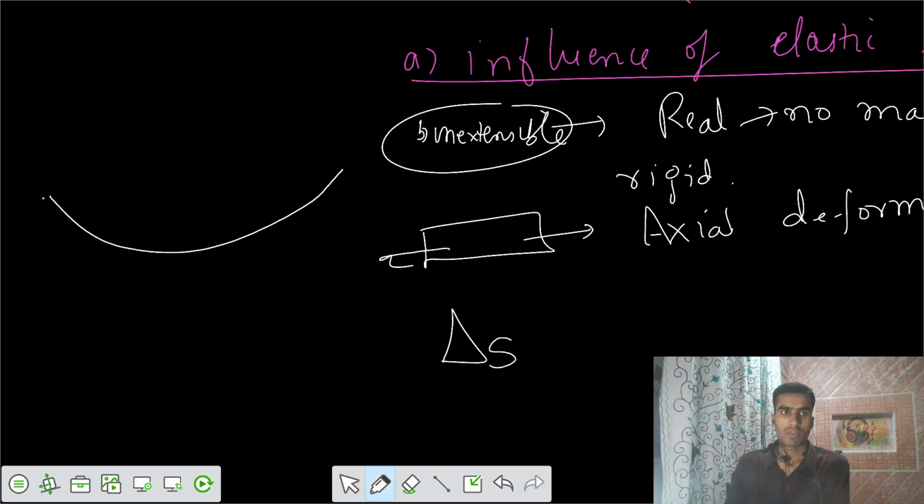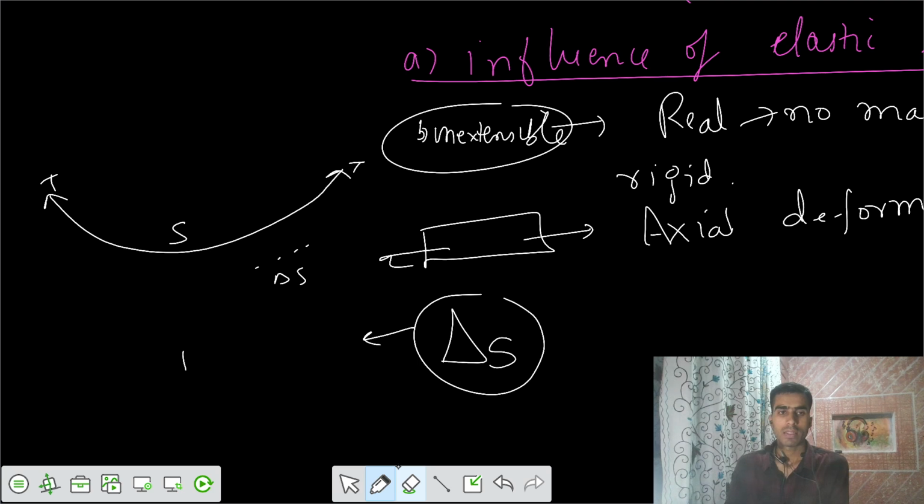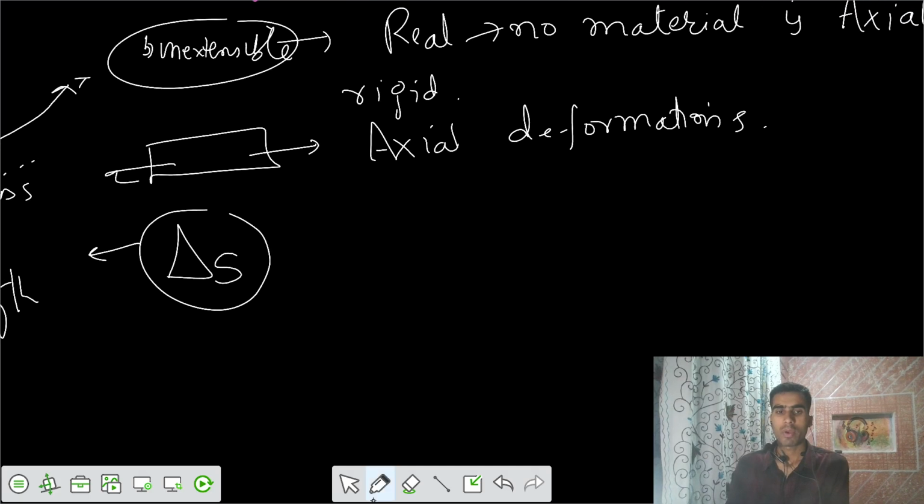Once there is some tensile force, its length initially was S, and there would be some increase in the length by delta S. This is the increase in length because of elastic stretch, let's write it as delta SE.